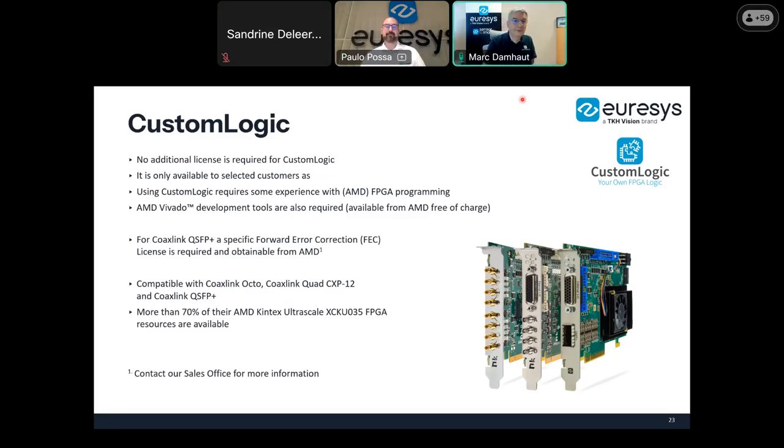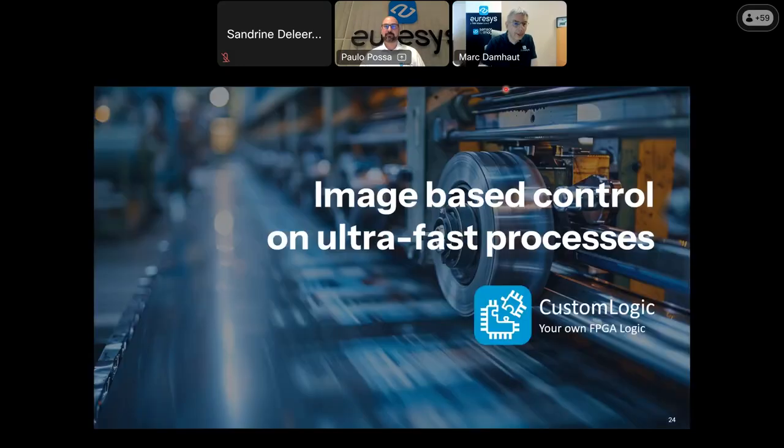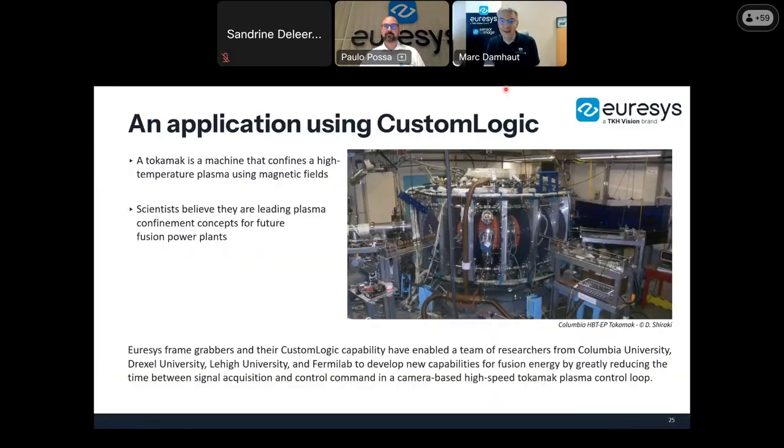Thank you, Paulo. That's very interesting. Next slide. I'd like to further elaborate on this with a real application case. We have recently published an article that describes a really interesting project that uses CustomLogic and our Coaxlink Quad CXP12.